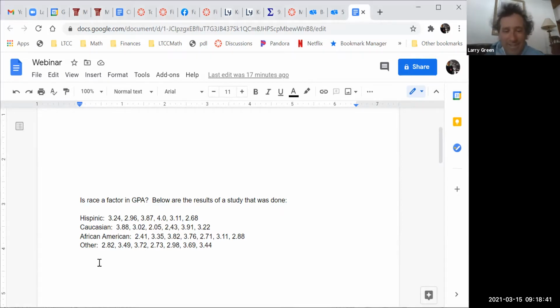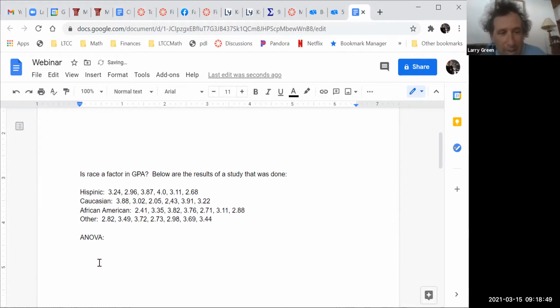But instead, we're going to do ANOVA. So let me write that down. ANOVA, and let me tell you again what it stands for: analysis of variance. ANOVA is an analysis of variance test, and be careful, that does not mean we're testing to see if the variances are different or the same.